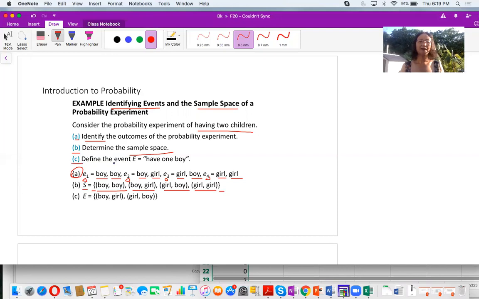Question 3, define event E as having 1 boy. So out of those outcomes, which ones have 1 boy? This one has 1 boy, and this one has 1 boy. So the answer is here.